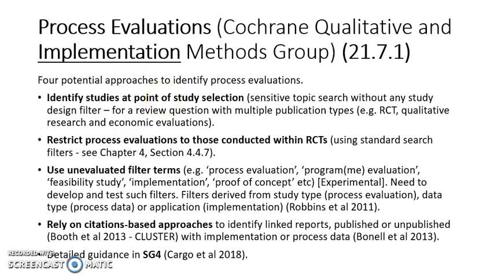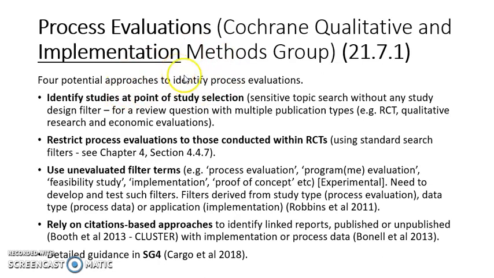A third approach is to use a number of terms identified in the literature as being associated with process evaluations. These include process evaluation, program, spelt both ways, evaluation, feasibility study, implementation, proof of concept. And these sort of filters need to be subject to further testing.